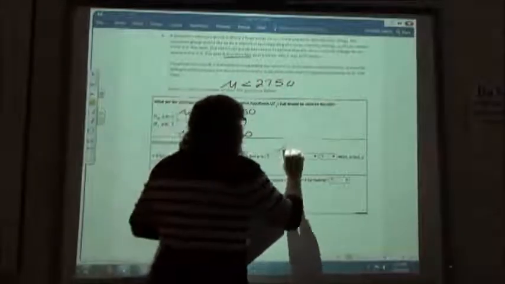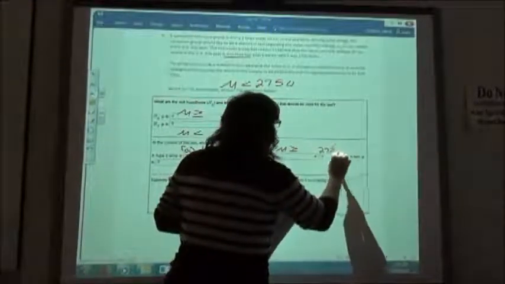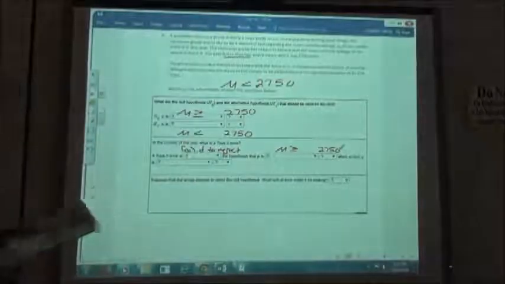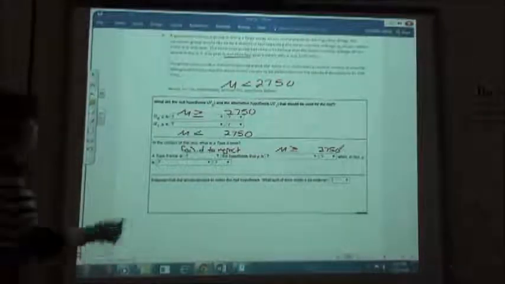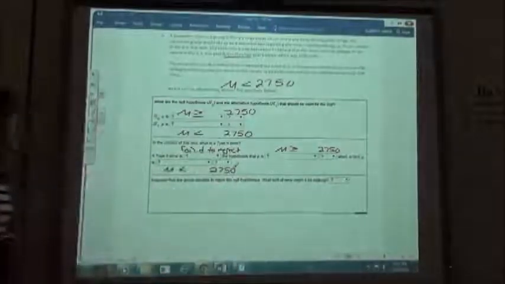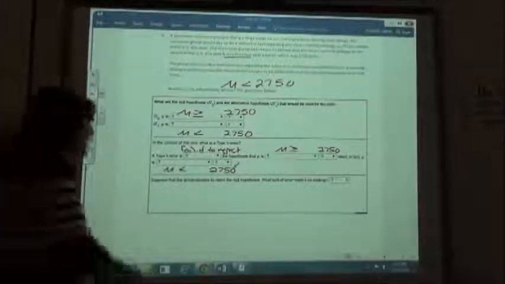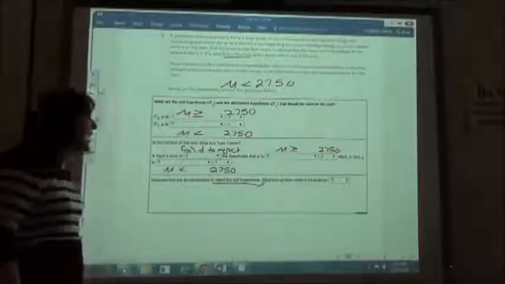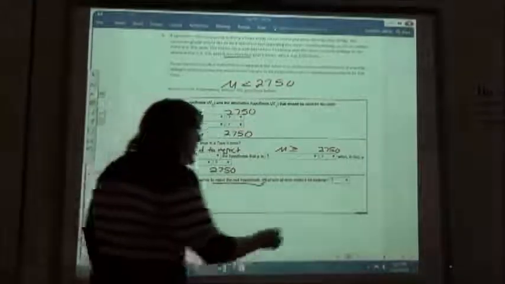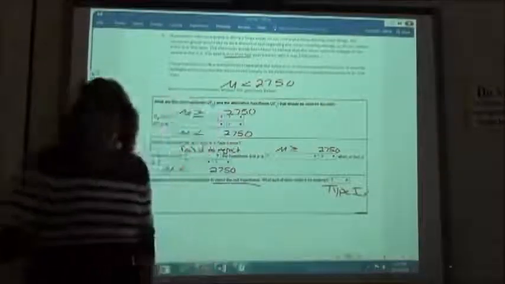The null is that the mean is greater than or equal to the 2750, when in fact the mean is really less than my 2750. Type 2 error, failed to reject. Type 1 error, the group decides to reject the null. If I decided to reject the null, I'm making a type 1 error.